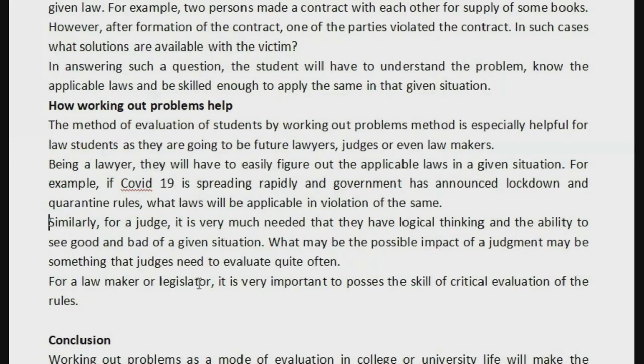For a lawmaker or a legislator, it is very important to possess the skill of critical evaluation of rules. Before you frame a law, before you make it applicable in India, you should first of all analyze the positives and negatives of it, right? So that is how it is becoming very helpful. Like there was this case of demonetization, right? A few years back, if you remember.